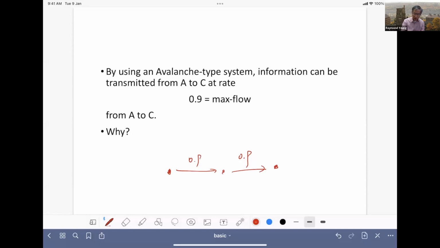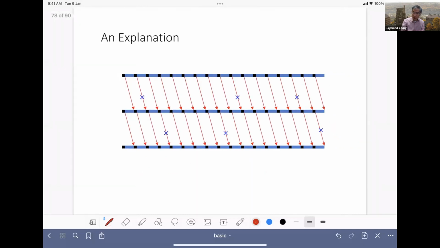Why is this the case? So again, we can use a similar kind of analysis that I performed for you. So this is node A, this node B, and this node C. Okay. So you imagine that from A you transmit a packet. These are pipes. Okay, these are edges with capacity.